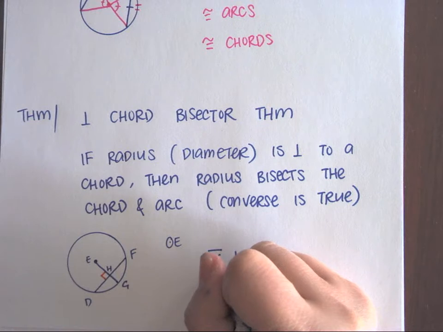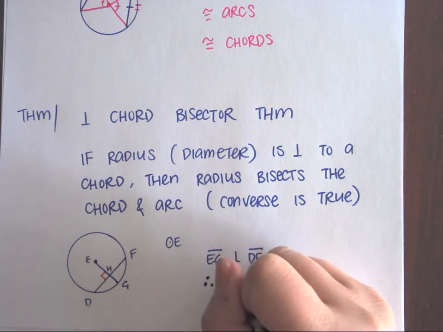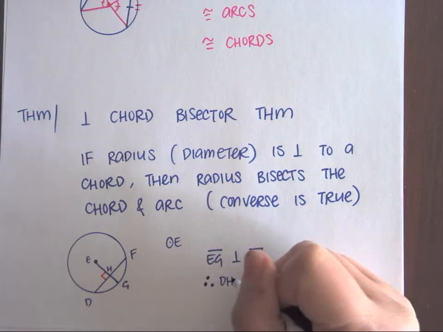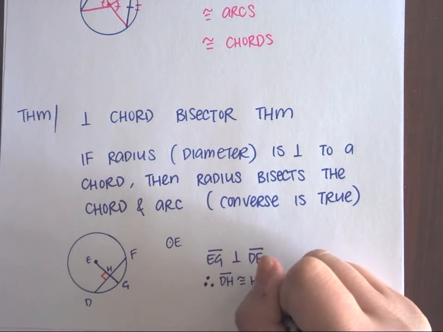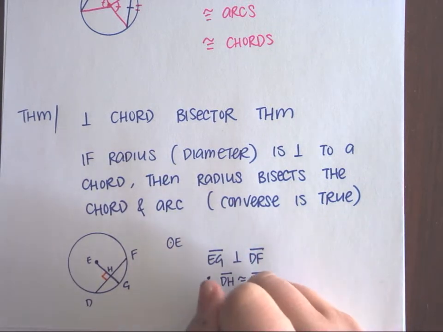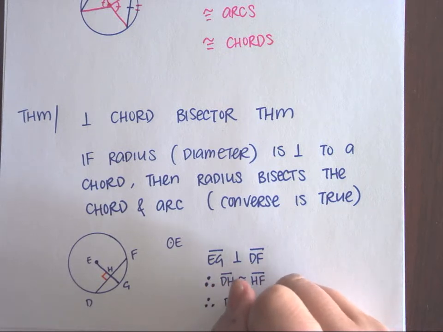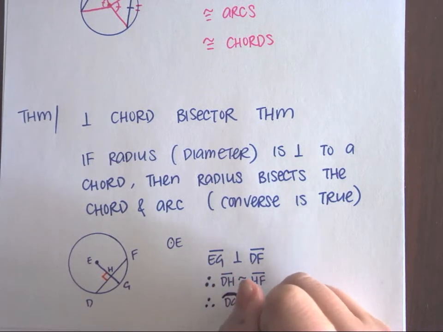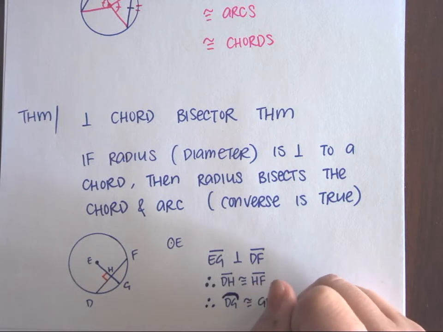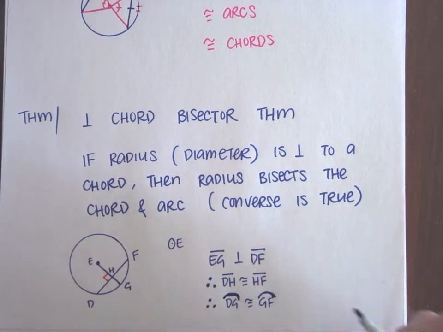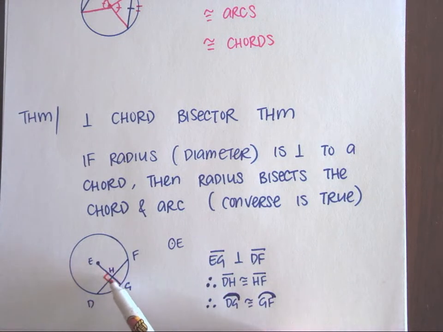Therefore the chord DF is bisected. So DH is congruent to HF, which also means arc DG is congruent to arc GF, because the arc is bisected also. So whenever you see a radius or diameter or a segment coming from the center and perpendicular to the chord, then that chord is bisected, and the arc is bisected also.